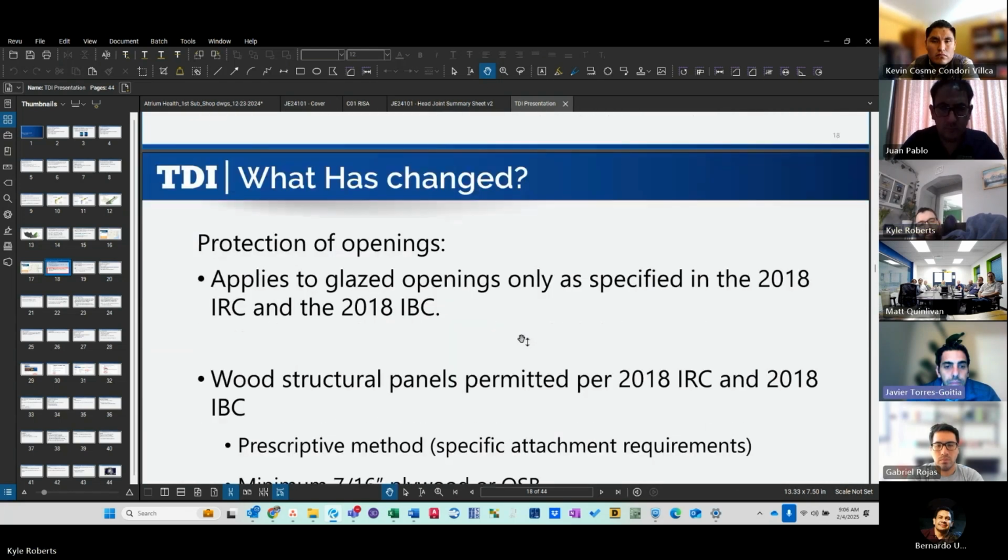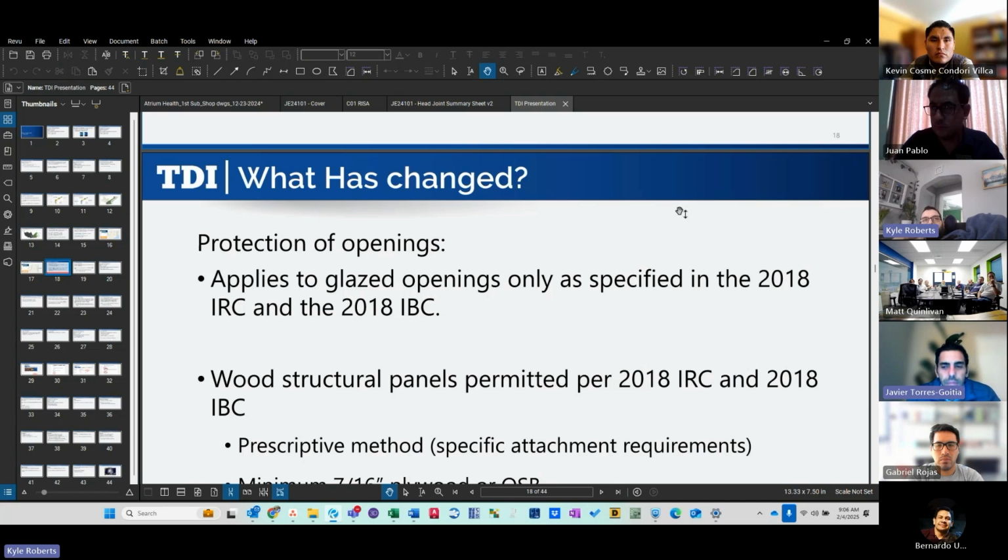However, this is where it gets complicated, because TDI is not a perfect system. They have inspectors, and the inspectors don't necessarily work for TDI. It could be a private individual who has a PE. It could be a company like us, and they are the authority over TDI for that particular project that they've been assigned.